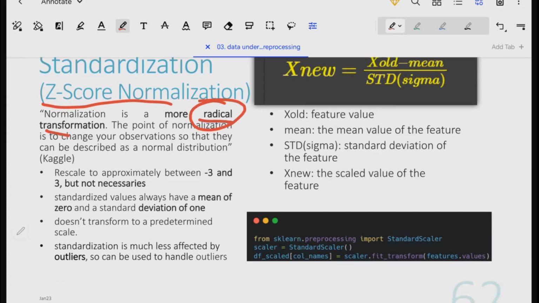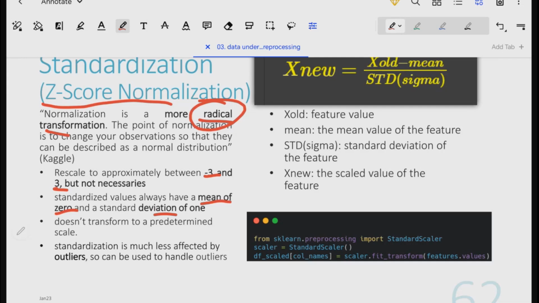Okay, usually the output is between -3 and +3, but as I said here, not necessarily. That means it's possible to get output, let's say -4 or +5. It's possible. Okay, standardized values always have a mean of 0, and we already proved that, if you remember last session, where we got a value of mean very small, 0.000000, then some other digits.